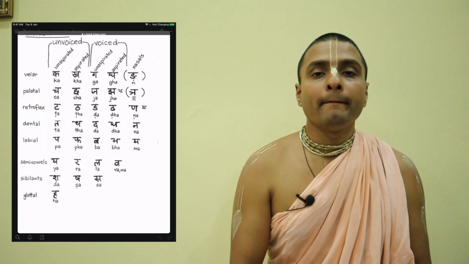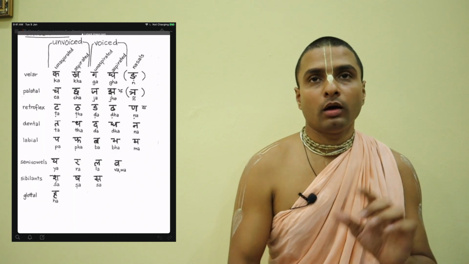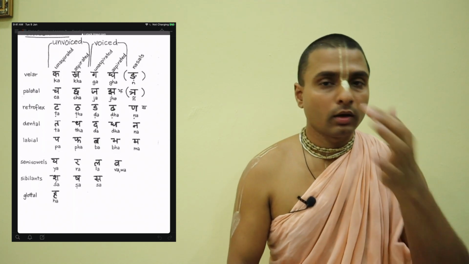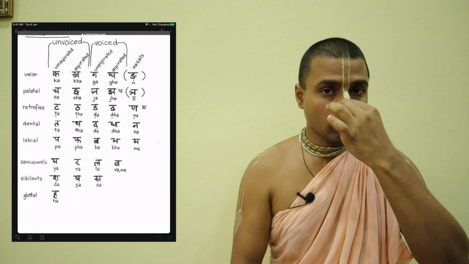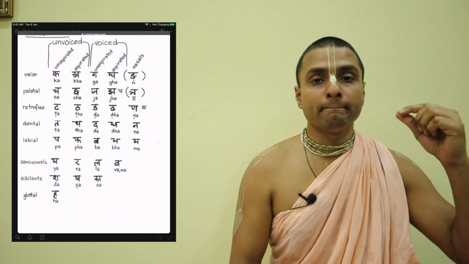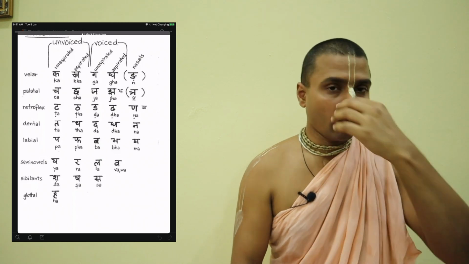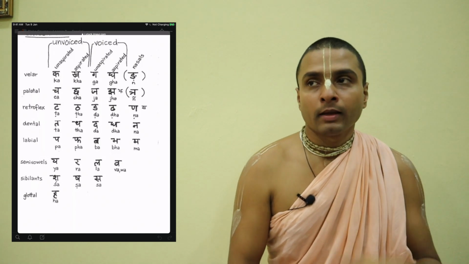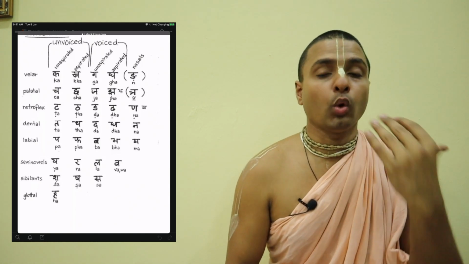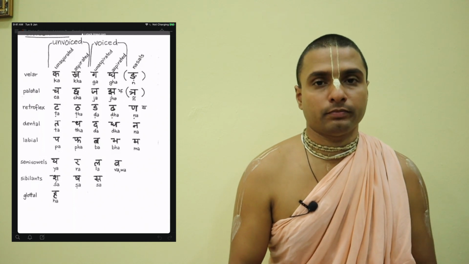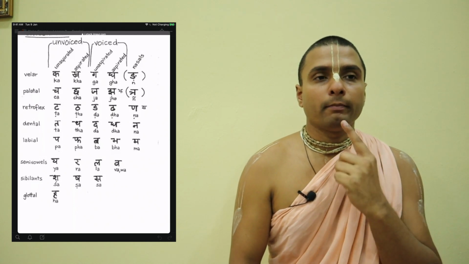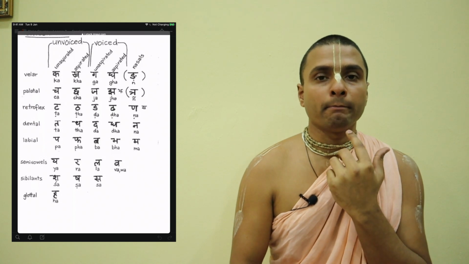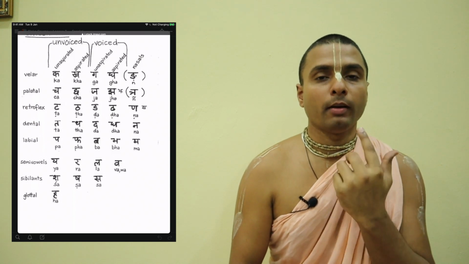Try saying it with mouth and nose closed. If you close your nose and say it, you won't be able to produce any sound. Why? Because that sound comes from the nose. This is called nasal. Similarly with the lips: pa, pa, ba, bha, ma.